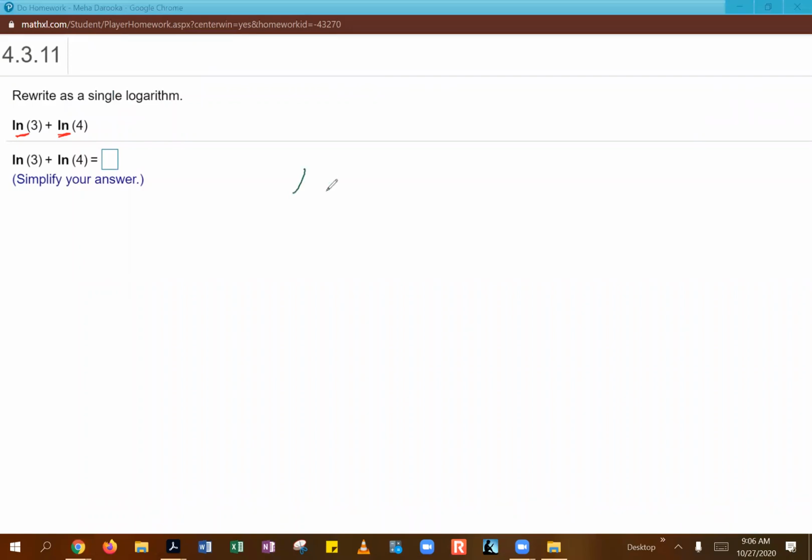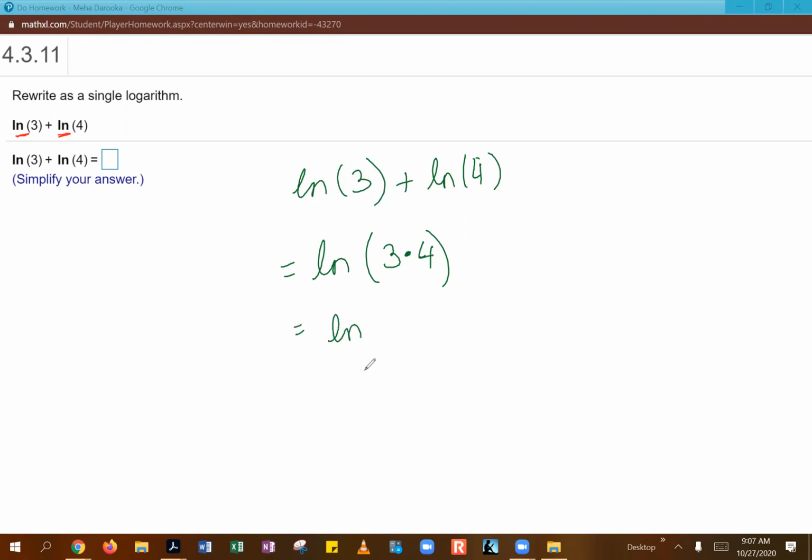So all you have to do with that product rule, since they're asking us to combine this into a single logarithm, is take your values inside the parentheses and multiply them together, keeping that natural log. So 3 times 4 will of course end up giving you natural log of 12. And that's all you do with a product rule.